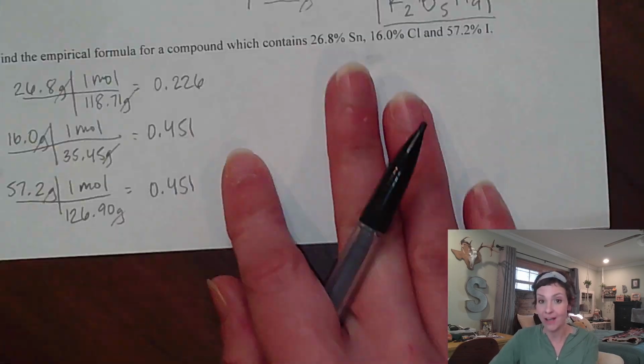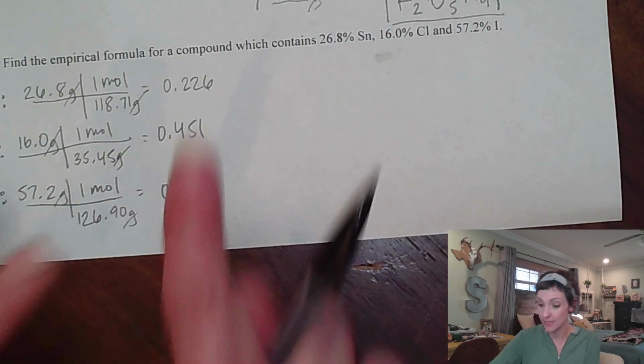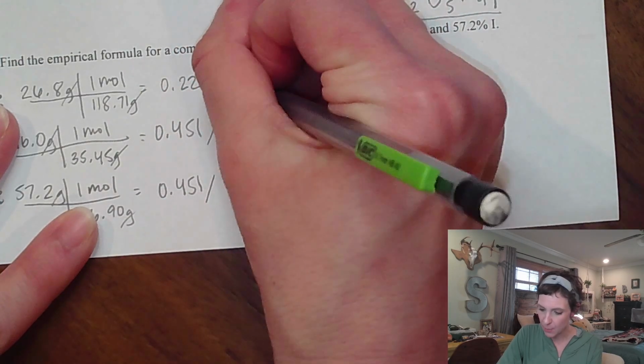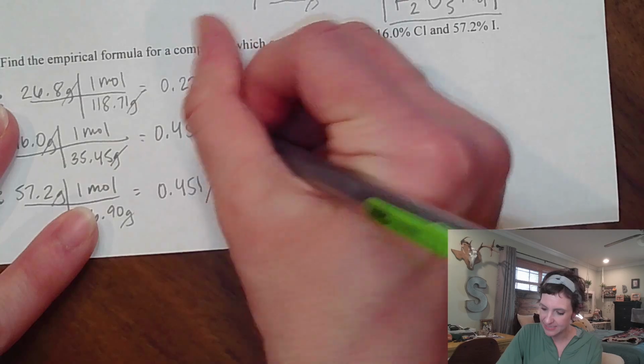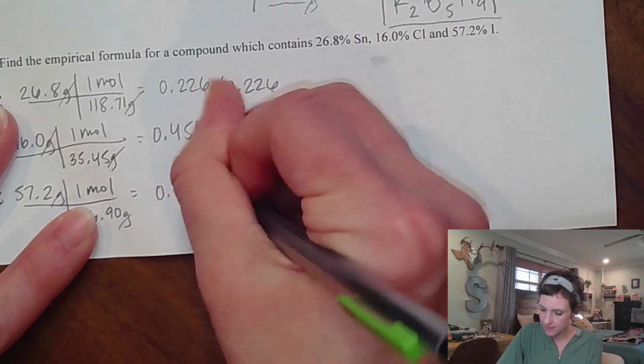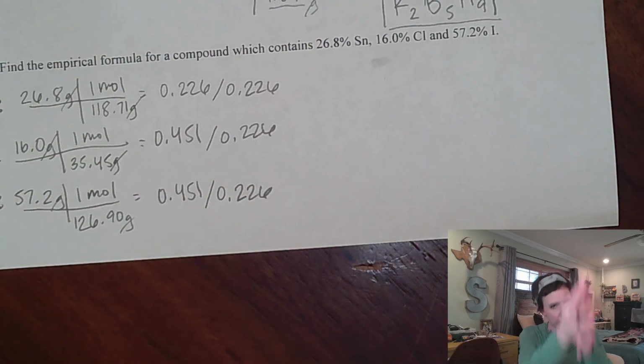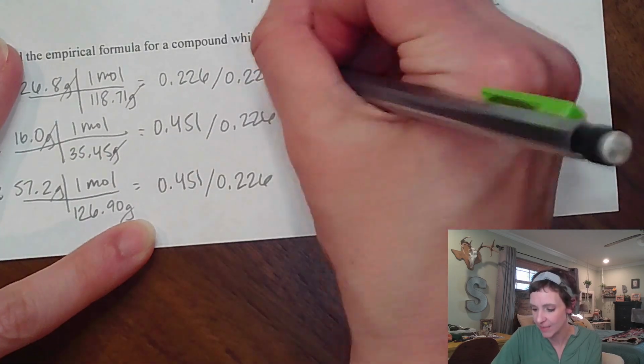Divide by small. I have got to do that. Well, who is the smallest? It is that guy. So I have to divide everybody by 0.226. And after this step, that is where I am looking for hopefully some whole numbers and looking for specific decimal fractions if I have them.